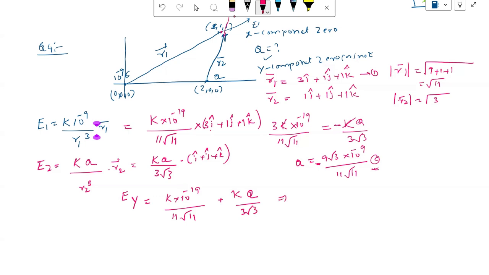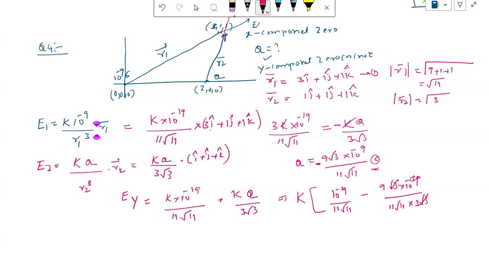Now substitute the value here, taking K common. 10 power minus 9 by 11 root 11 minus Q, which is 9 into root 3 into 10 power minus 9 by 11 root 11 into 3 root 3.